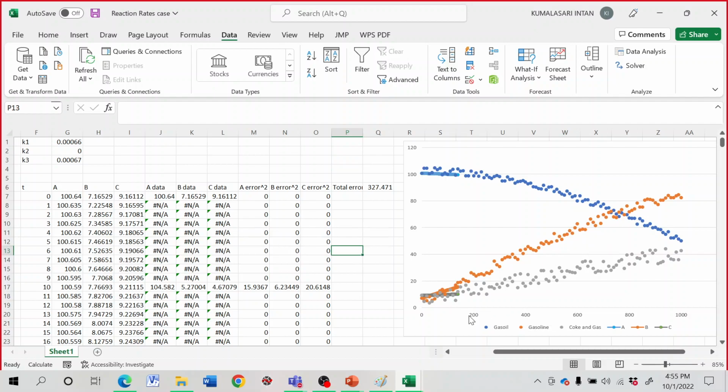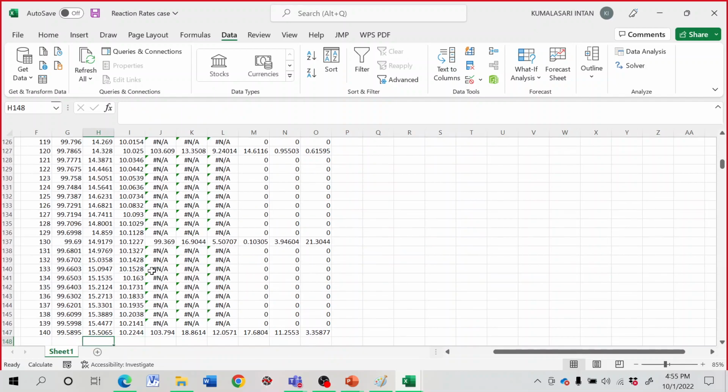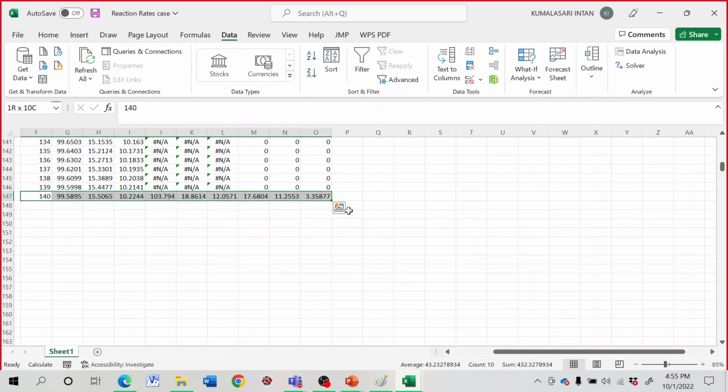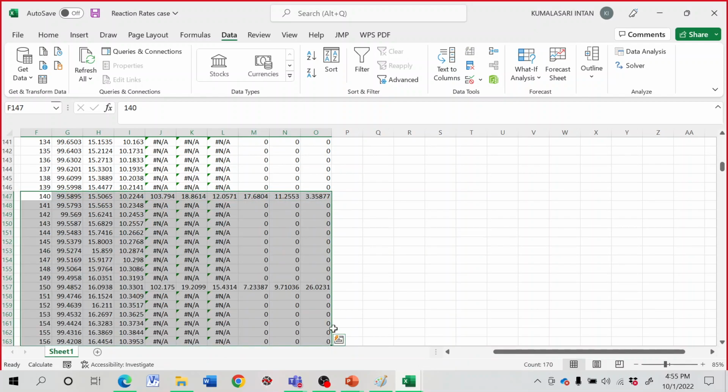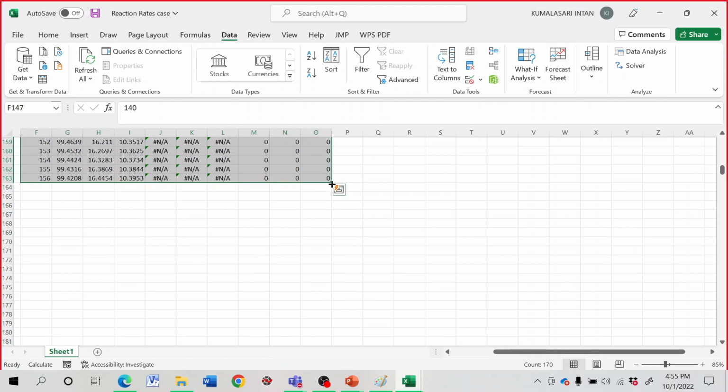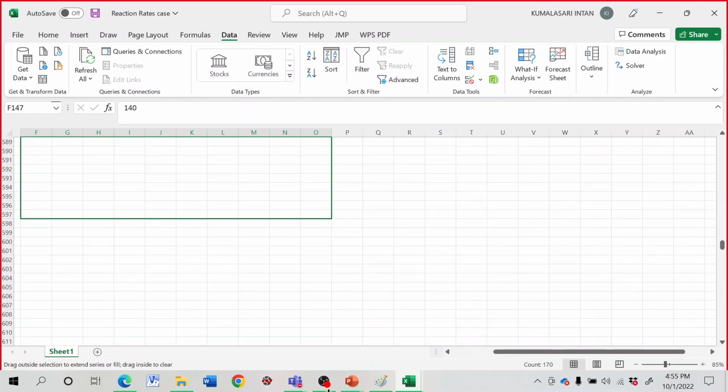What we need to do further is make sure that these calculations go up until 1000, which I don't know why I have to. Let's see what happens here. If I move it down, what will happen? Oh, okay, then I can go up until 1000.